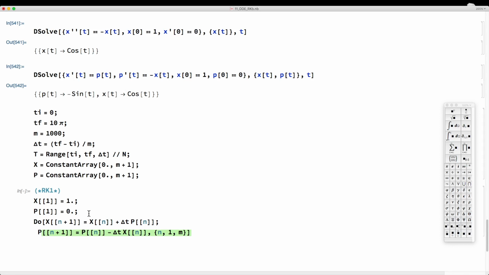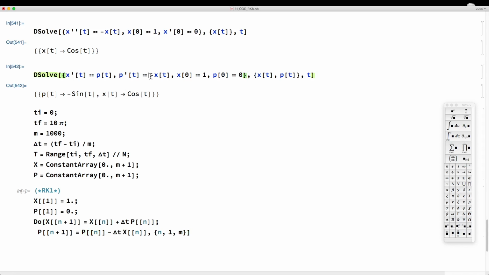So remember, the differential equation is x dot, or x prime, equals p. So the Taylor expansion here would be x_{n+1} equals x_n plus delta t times x dot. But x dot equals p, so I'm simply replacing x dot by p here. And similarly, in this equation, we have p_{n+1} equals p_n plus delta t times p dot.